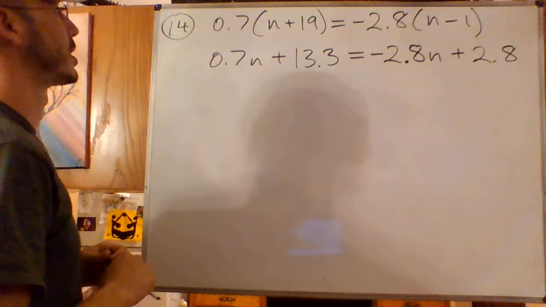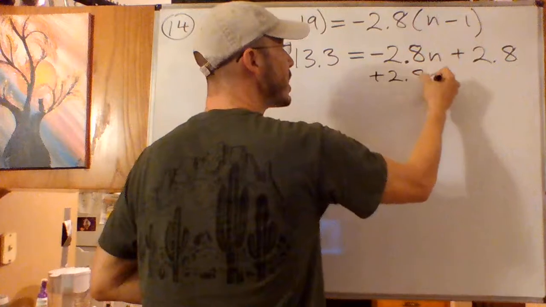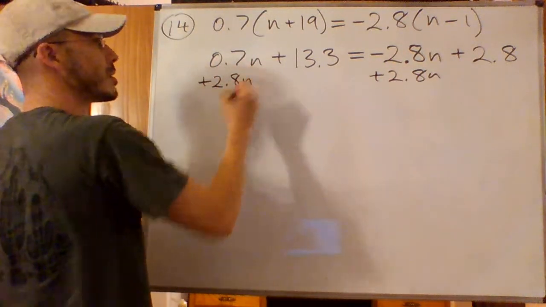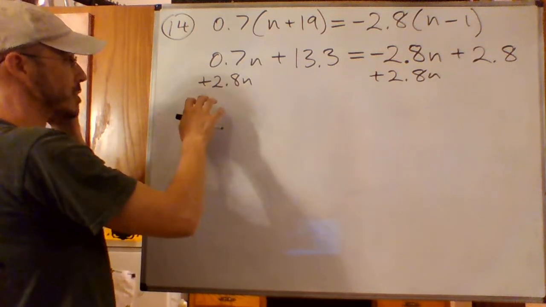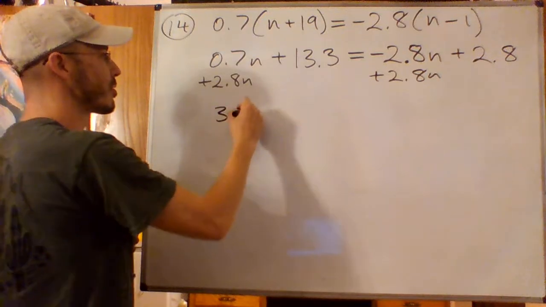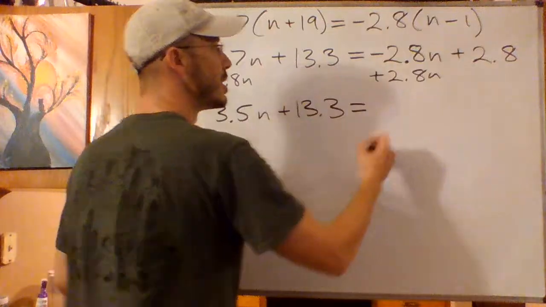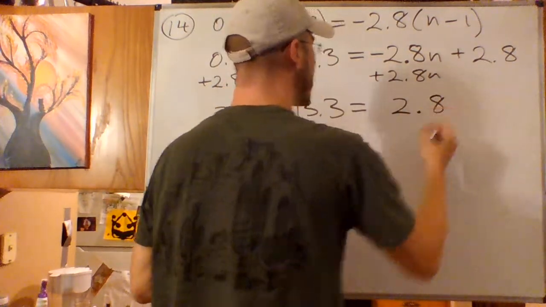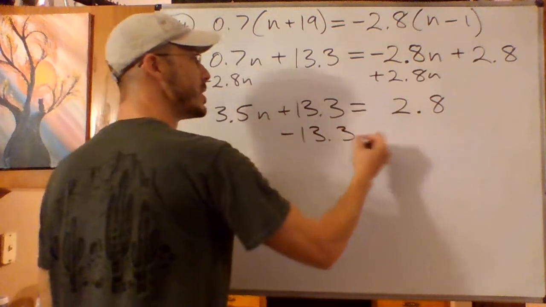positive 2.8. Next, I'm going to add the 2.8n to both sides. And let's just do that step. So 2.8 plus 0.7 is 3.5n plus 13.3 equals, oh, well, this is gone, but 2.8 is still on the right-hand side. Next, subtract the 13.3.